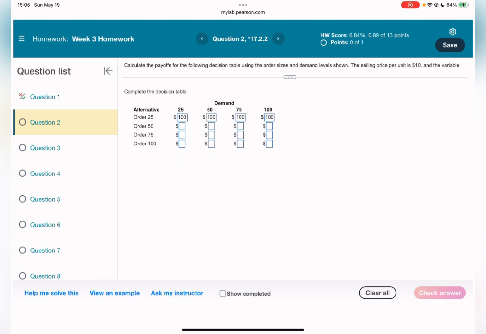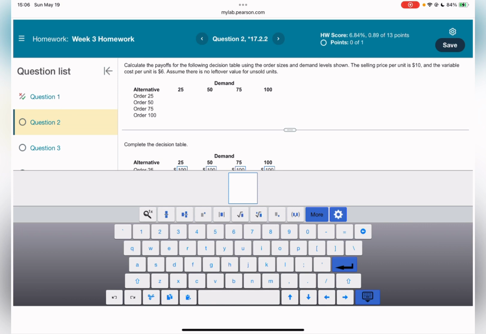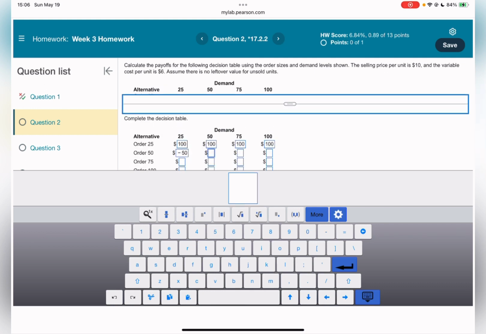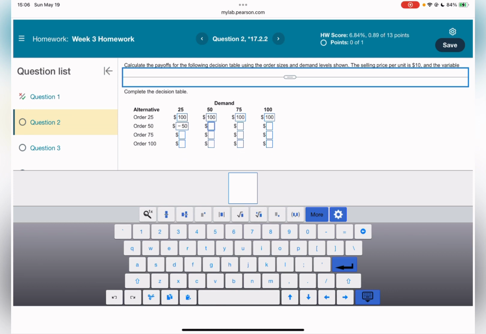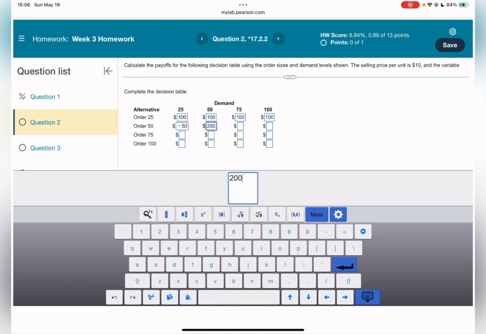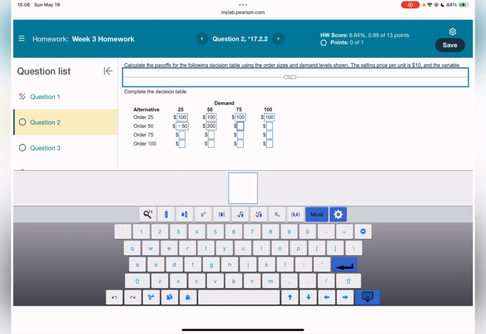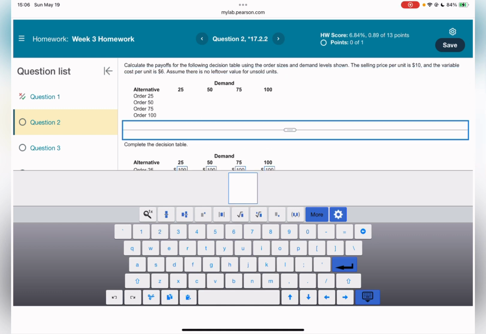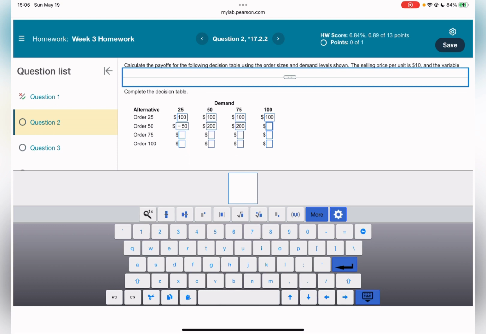Next, 50, it's gonna be negative 50. For 50, we have profit 200. For 75, 50 and 75, we have same profit 200. And 100, 50 supply and 100 demand, same $200 profit.